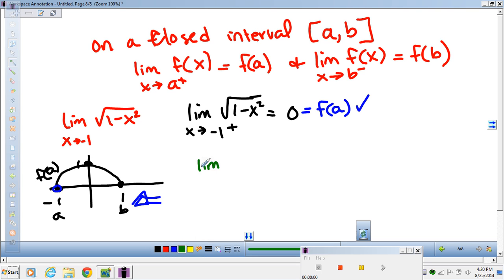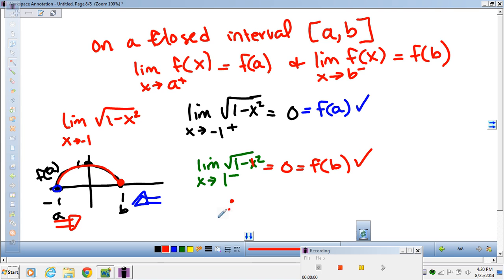So the limit of the square root of 1 minus x squared as x approaches 1 from the left, so coming from the left, travel from the left over here, so it should equal 0, and if I plug in 1, I get the square root of 1 minus 1, okay, so that's also equal to 0, so that is f of b.